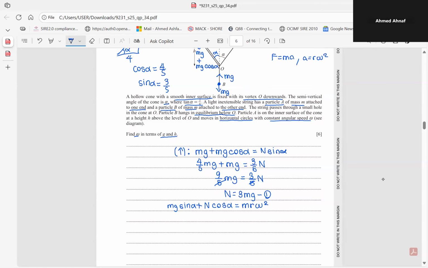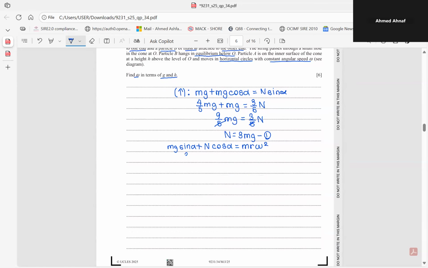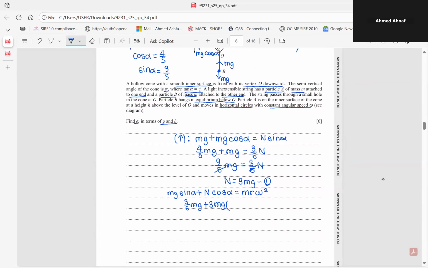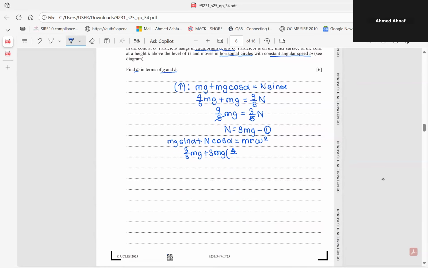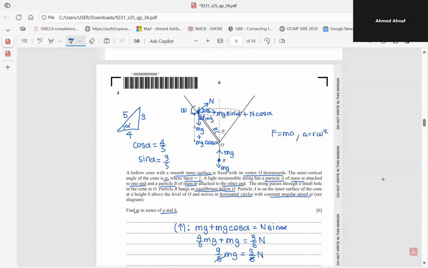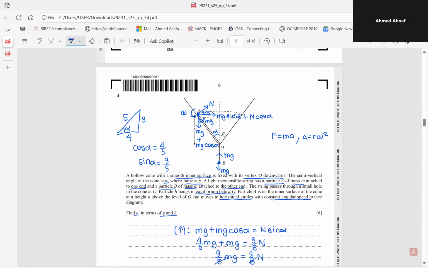Again, sine alpha is 3 over 5 mg, and N is just 3 mg. Cosine alpha is 4 over 5, and then m, and then r. r is this length right here.